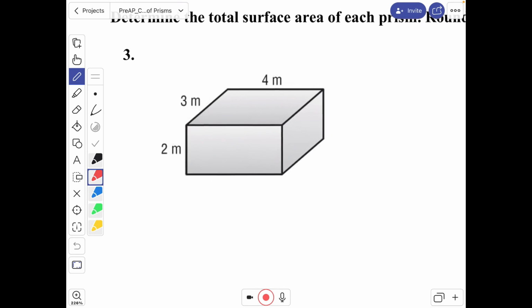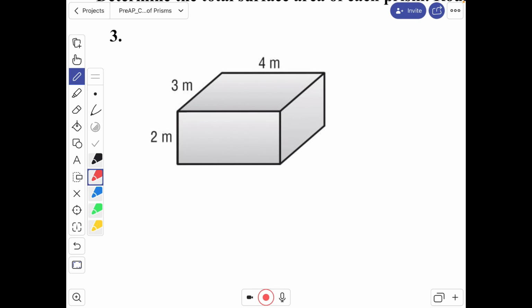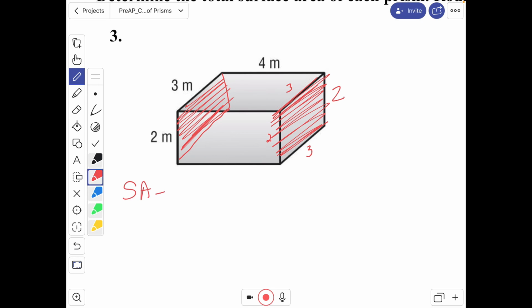Let's look down at number 3, the other rectangular prism. And let's just agree that this end that you can't see and this end are the base. So the base is going to be a 3 and a 2 and another 3 and another 2. So this one you're supposed to find the total surface area.